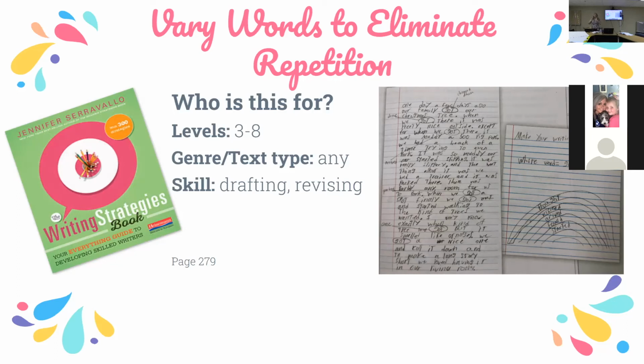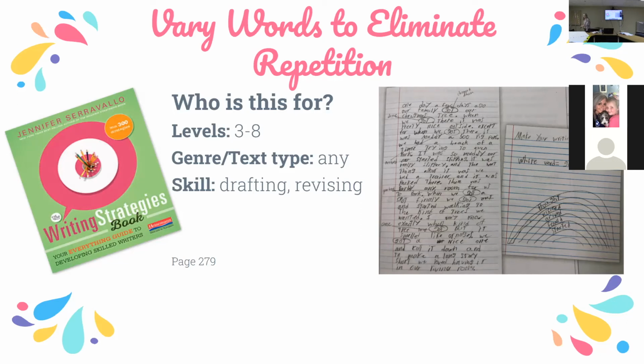But in order to help the kids do better with that, of course, with our kids, they have a hard time coming up with different words than got, or they would have put them in there. So being able to provide them with a thesaurus, or if you have an iPad or something that has a thesaurus on the app, something that they can look up and come up with new words.